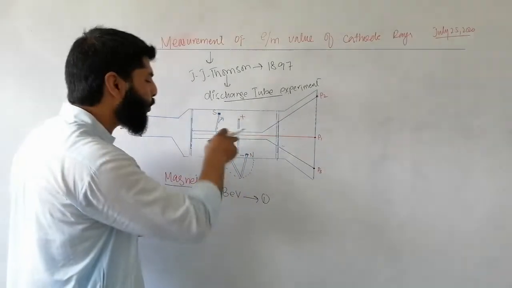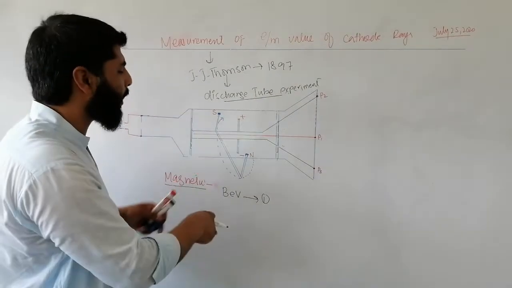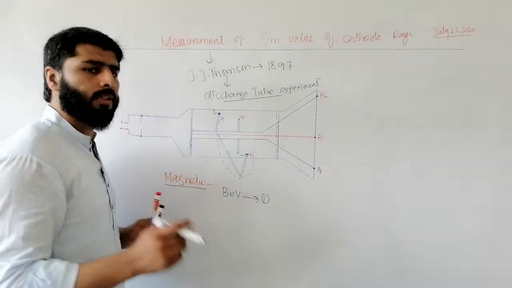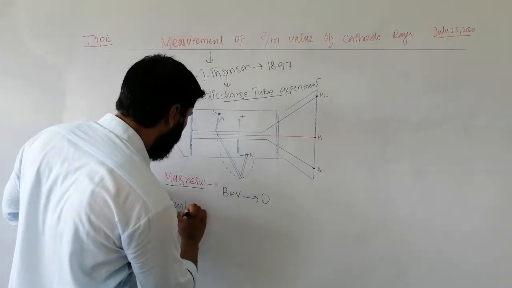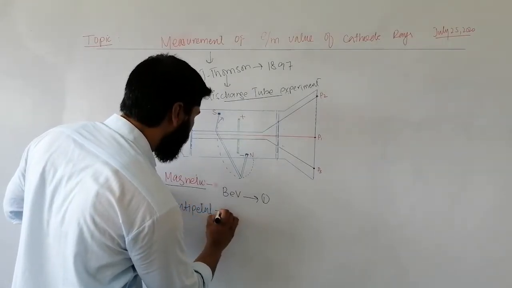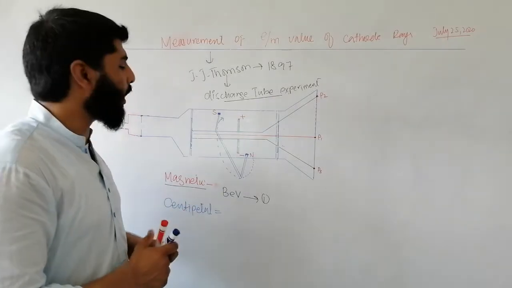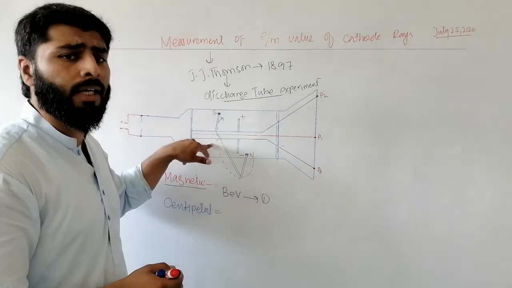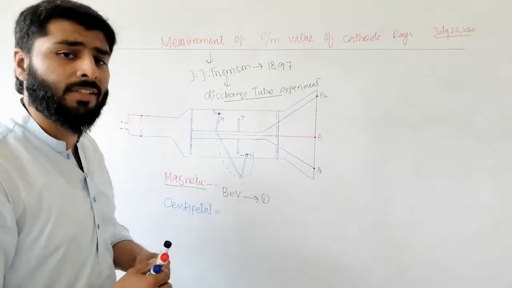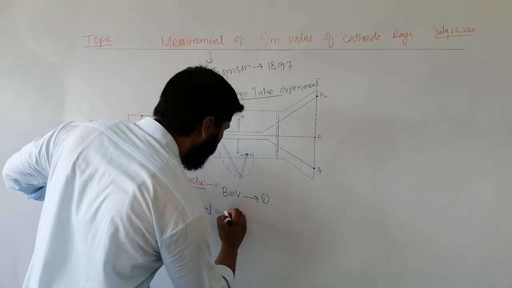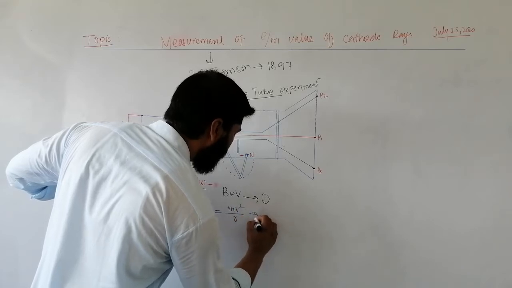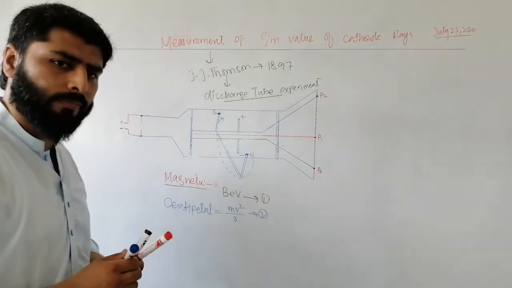When cathode rays moved in the circular path after the application of the magnetic field, there will be a force, which is the centripetal force, which is needed to rotate a body in a circular path. So when he applied the magnetic field on a moving charge, on a moving cathode ray, he observed the centripetal force as well, and the value of the centripetal force will be Fc equal to mv squared divided by r. This is equation number 2.